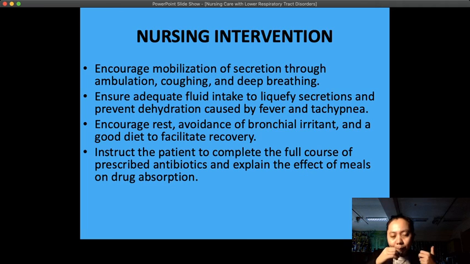So we have to ambulate, we have to walk, we have to exercise, and then ensure adequate fluid intake to liquefy secretions and prevent dehydration caused by fever and tachypnea, and then encourage rest, avoidance of bronchial irritant, and a good diet to facilitate recovery, and instruct the patient to complete the full course of prescribed antibiotics and explain the effect of meals on drug absorption.